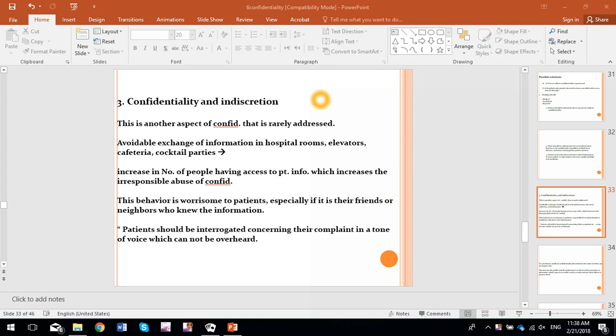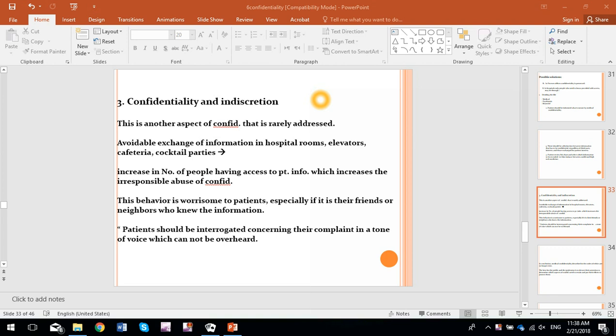All these are places where we need to be aware of what we are telling about our patients. This behavior is very worrisome to patients, especially if it is their friends or neighbors who learn this information. The person standing next to you while you talk to your friend could be his neighbor.